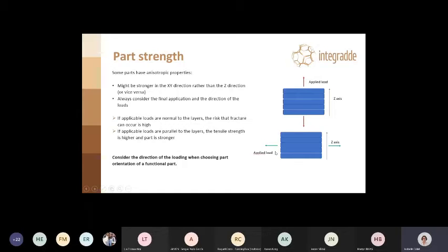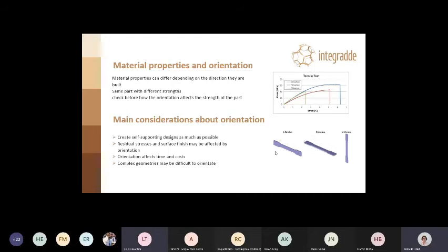On the contrary, if the applicable loads are parallel to the layer, the tensile strength is higher and the part is stronger. So also keep in mind that the direction of the applicable loads is important to design the parts before printing and to choose the orientation of the part.